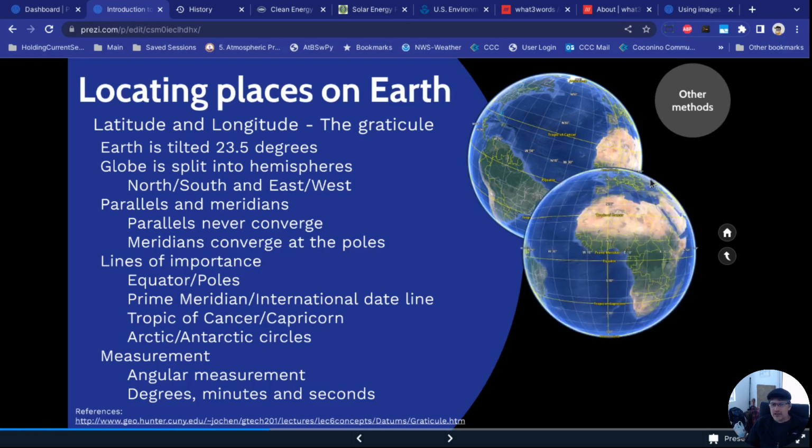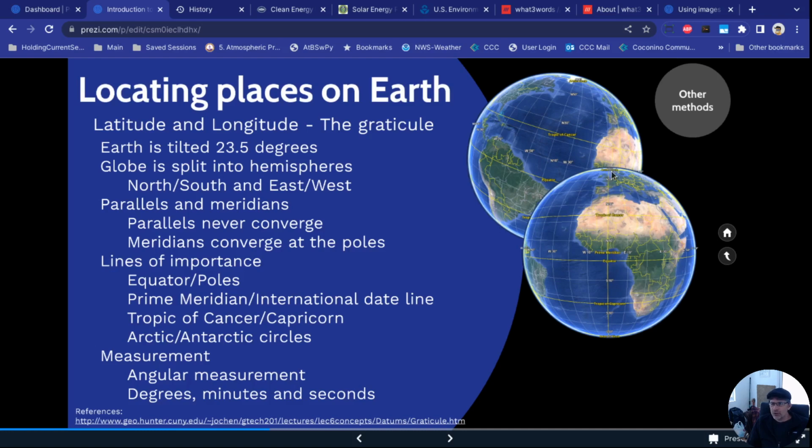As you can tell, we divide these lines up into parallels and meridians, or lines of latitude and lines of longitude. One of the unique things about parallels is they never converge. Parallels basically start at the equator, and it's measured from 0 degrees at the equator up to 90 degrees at each pole.